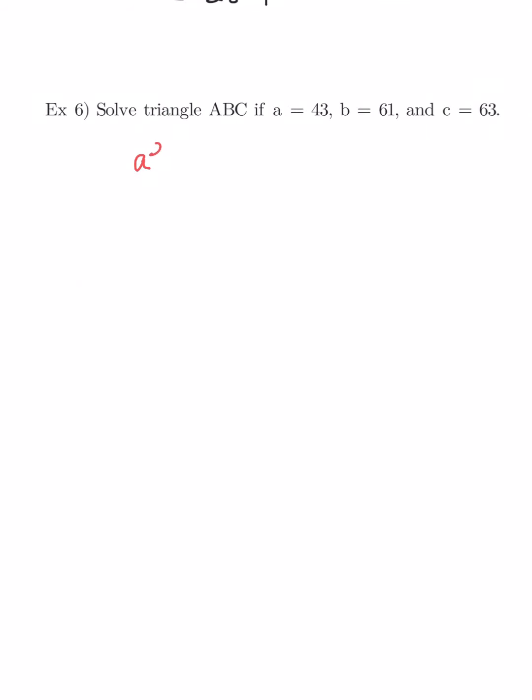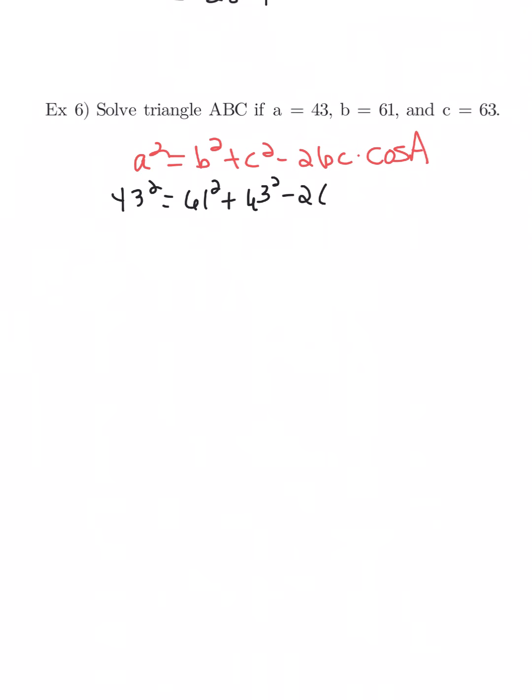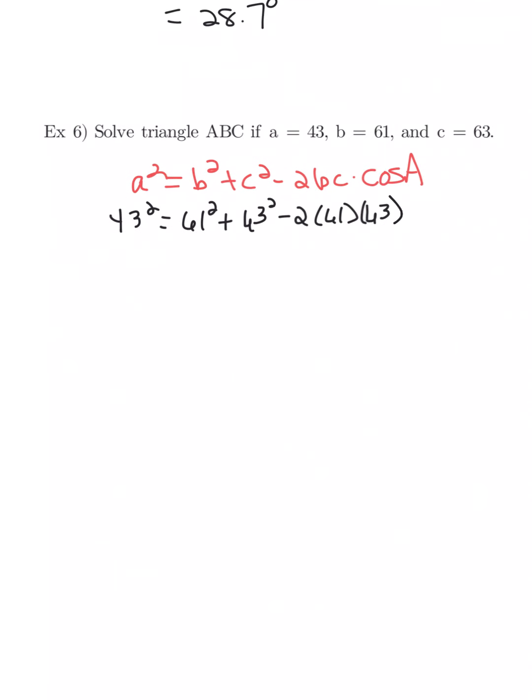So I need to use A squared equals B squared plus C squared minus 2BC times the cosine of angle A. Putting our numbers into position, we will have 43 squared equals 61 squared plus 63 squared minus 2 times 61 times 63 times the cosine of A.